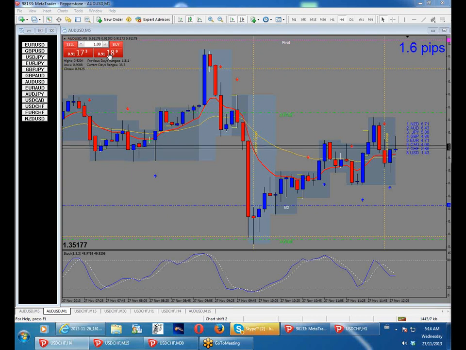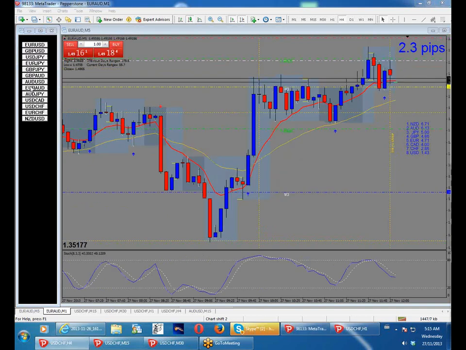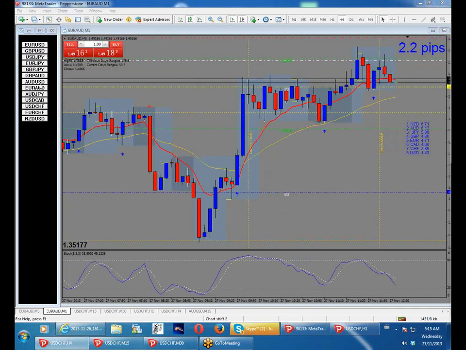EU? AU. Yeah, it broke and came back a bit. I think that's a bit of a momentum deal with that pound, so be ready to get out of the AU.